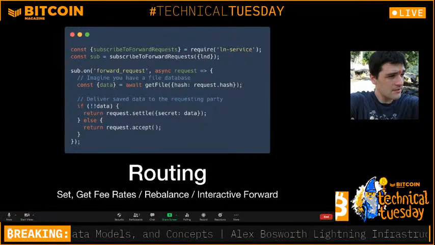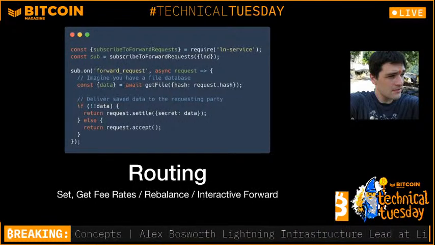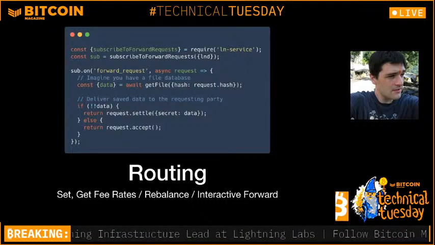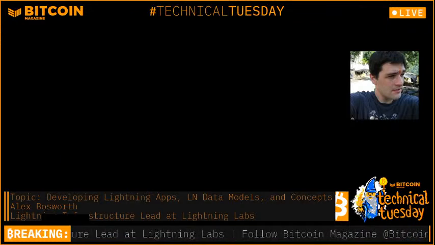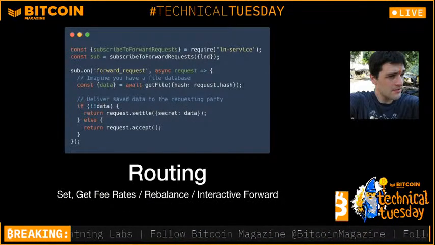People could have some protocol to tell you that there are certain little chunks of data that they want you to store. Then when they want that data back in the future, they would send a payment to you, and you would reveal the data to them and get paid for storing and serving that data.